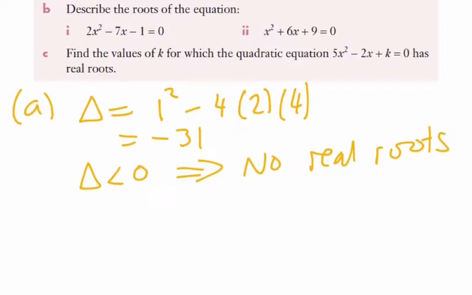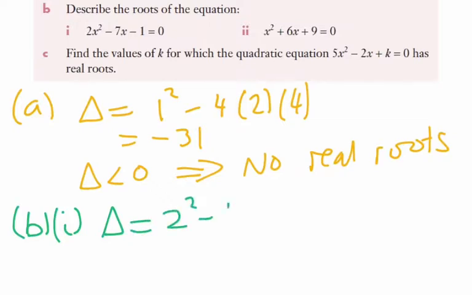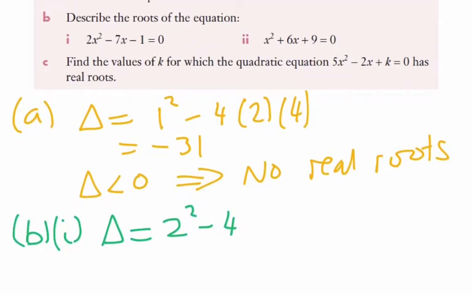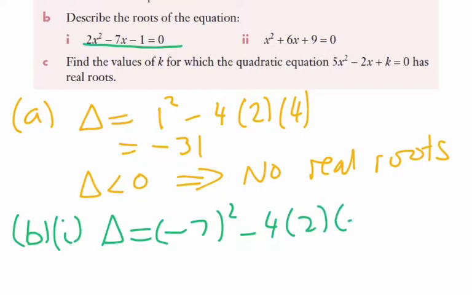Let's look at part B. Part B says describe the roots of the equation. Okay, so let's look at the first one again. Calculate the discriminant. Let me throw that out. Delta for this one: b squared, so it's negative 7 squared minus 4ac, times 2 times negative 1.